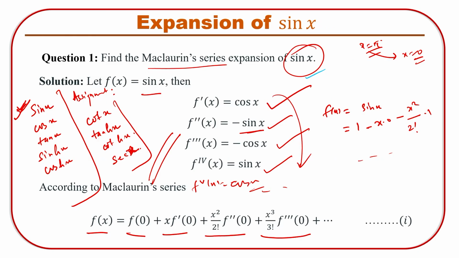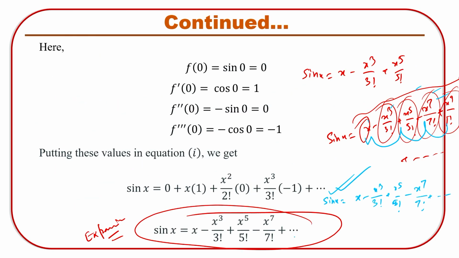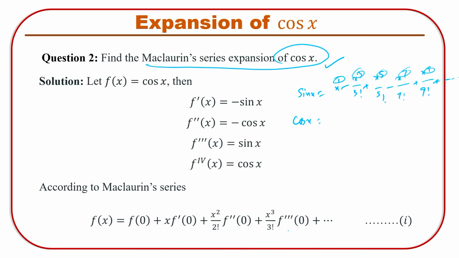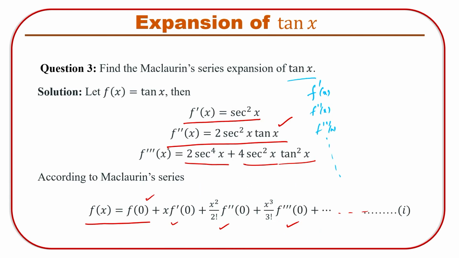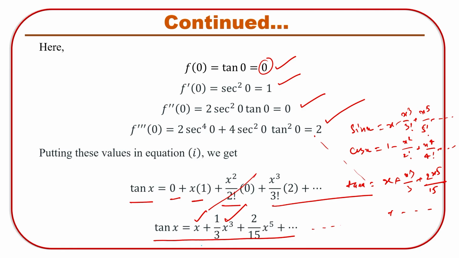For sin x we had seen that it contains only the odd exponent terms. See here, these are the odd degree terms. Similarly, cos x has only even exponents.